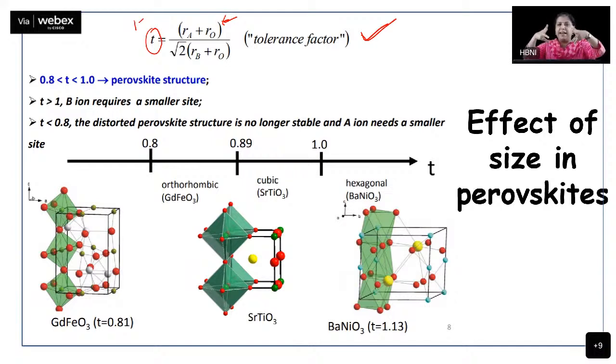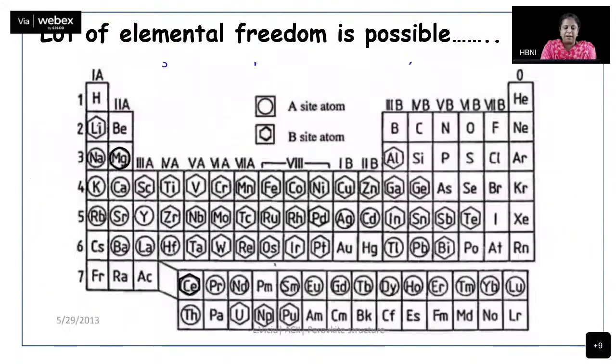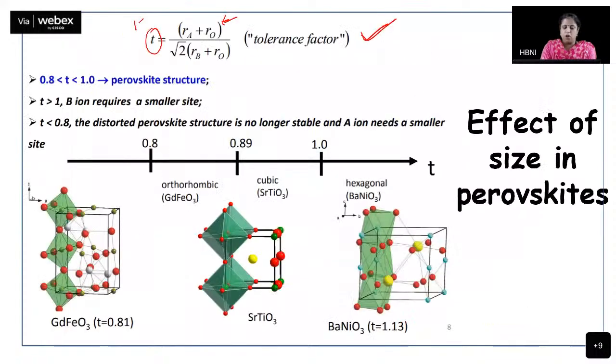These 8 BO6 octahedra will tilt to occupy the space because the A that is lying in the vacancy has become smaller. Now when this tilts, your symmetry decreases from cubic to orthorhombic. This is why I tried to give you an example of why, till now, you would have studied that this depends upon the tolerance factor.